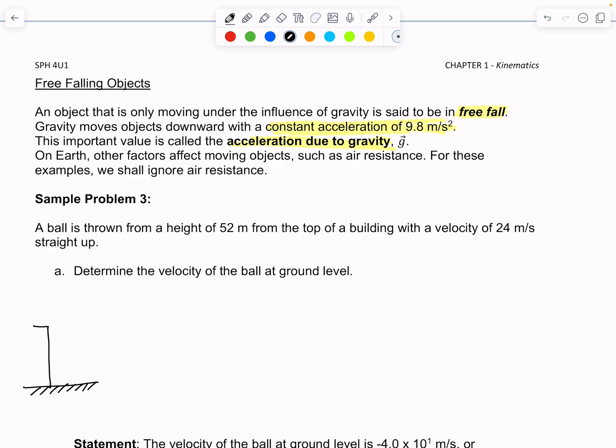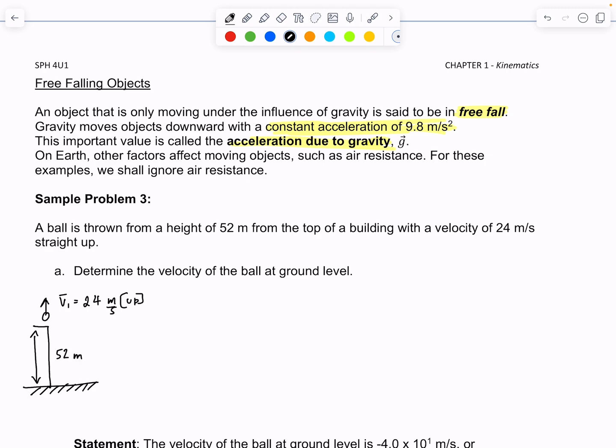We have a ball that is thrown up in the air from a height of 52 meters with an initial upward velocity of 24 meters per second up. And we want to find the velocity with which it hits the ground.